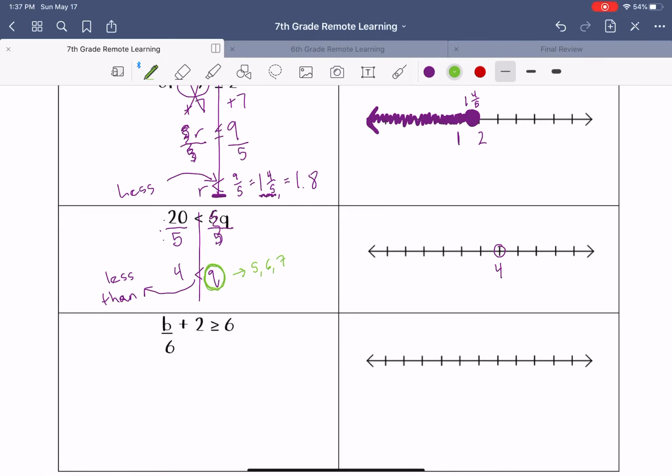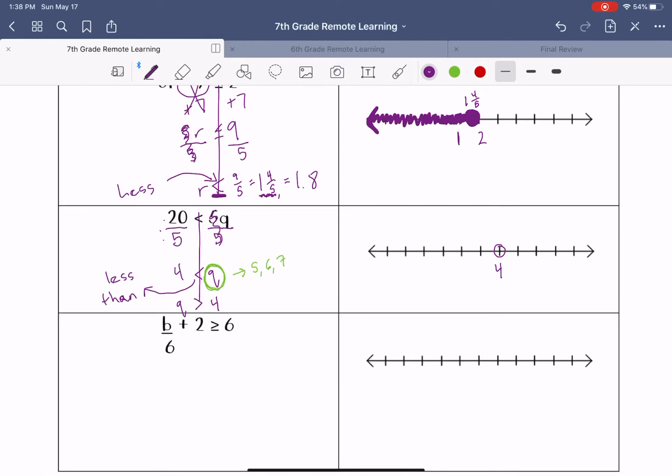So in this case, when our variable is on the right-hand side, our inequality is flipped. So 4 is less than q is the same as q is greater than 4. Because we want numbers that are going to be bigger than 4, or numbers that 4 is less than.